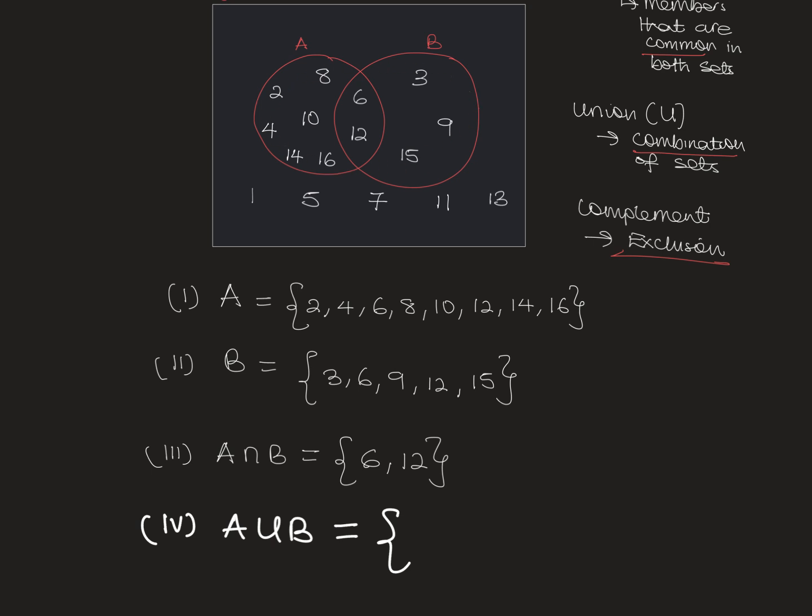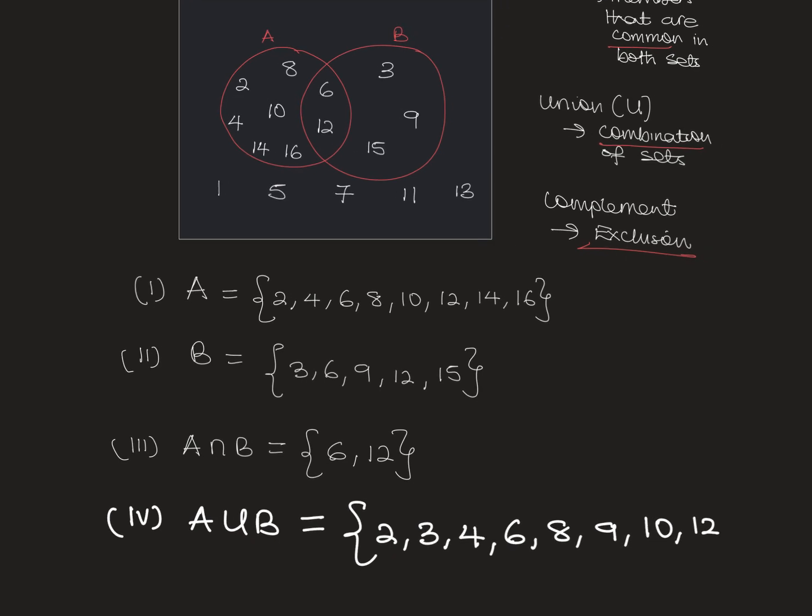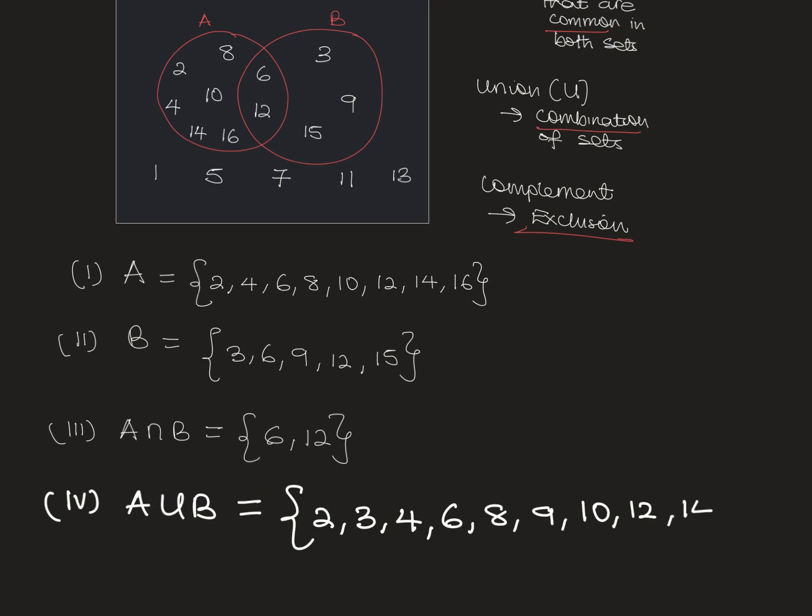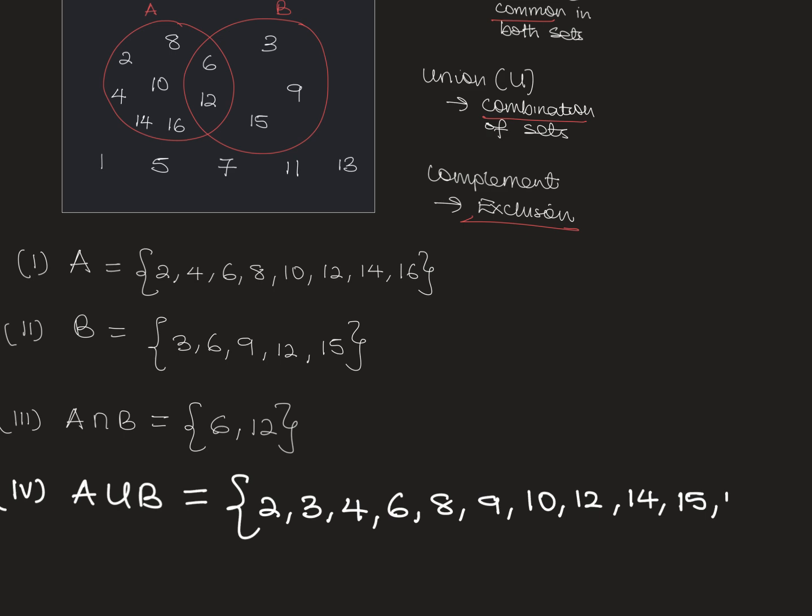So if we unite A and B, we start from the lower number, that is going to be 2, then we have 3, then we have 4, then we have 6, then we have 8, then we have 9, then we have 10, then we have 12, then we have 14, then you have 15, and 16.